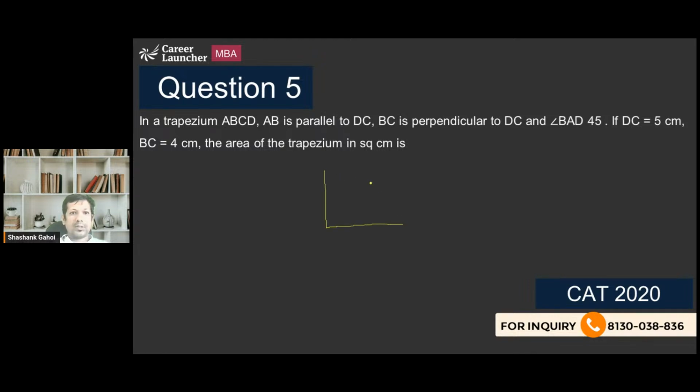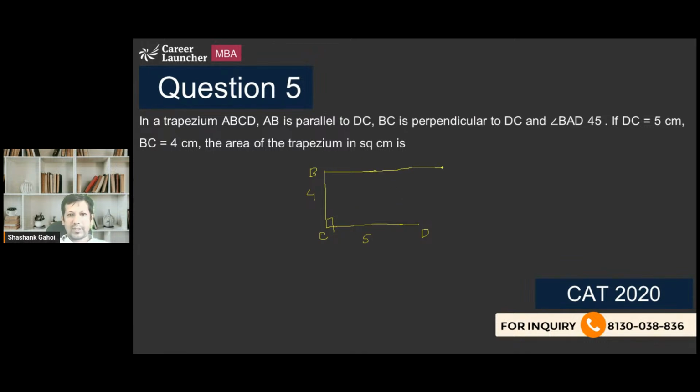DC is 5, BC is 4. So this is C, this is B, BC is 4, and let's call this D, and DC is 5. BC is perpendicular to CD. Angle BAD is 45 degrees.